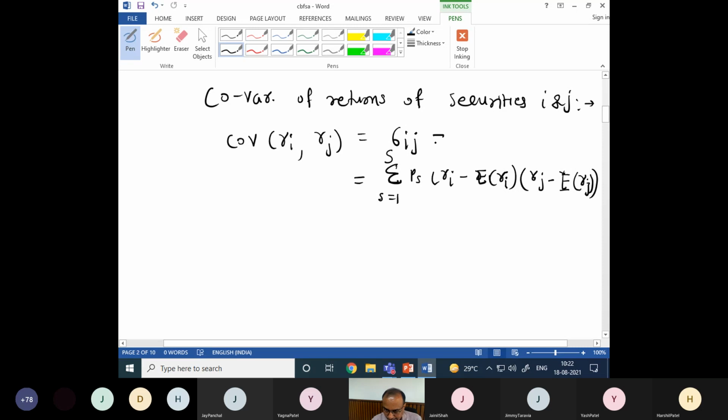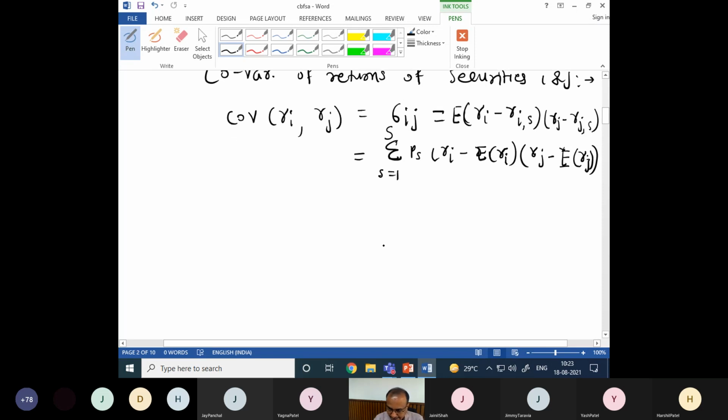And in general we can also write it as an expected value. So this is the definition of covariance, and here it should be Ris and Rjs because it should vary with respect to the state of economy.